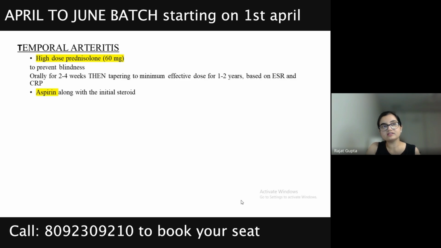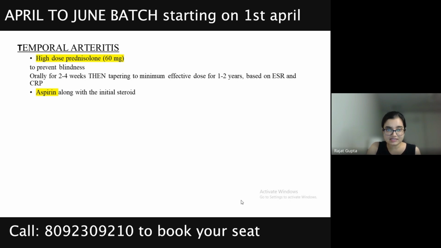Now, in terms of treatment, because we discussed that temporal arthritis can have a complication of blindness, we need to give high dose of prednisolone, like around 60 milligram, in order to prevent that. And we need to give aspirin along with the prednisolone.